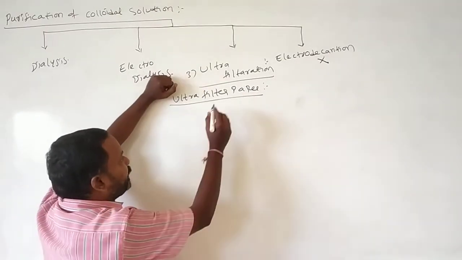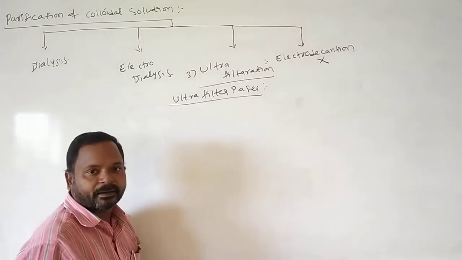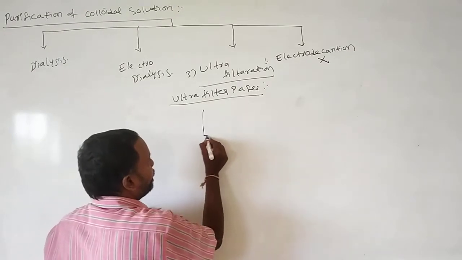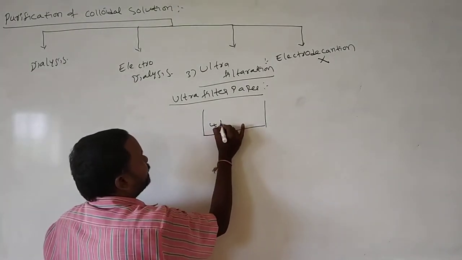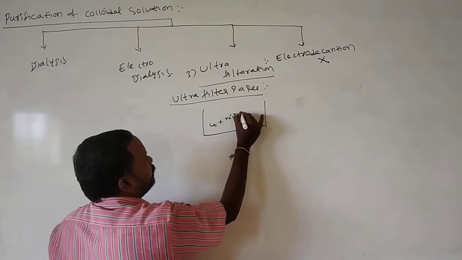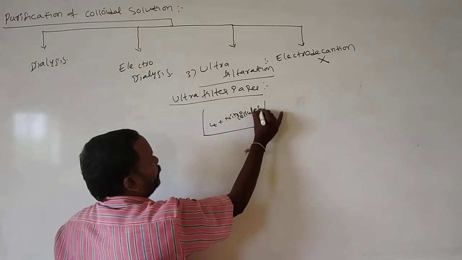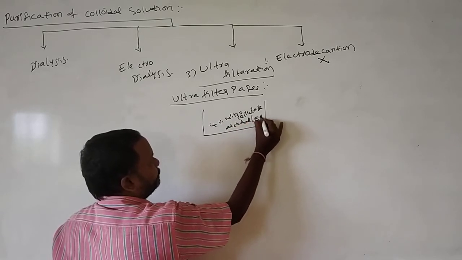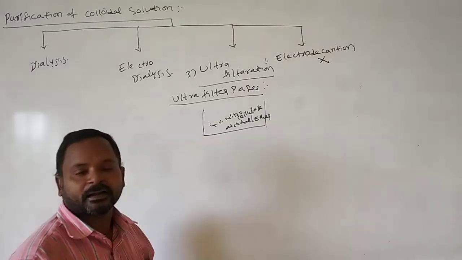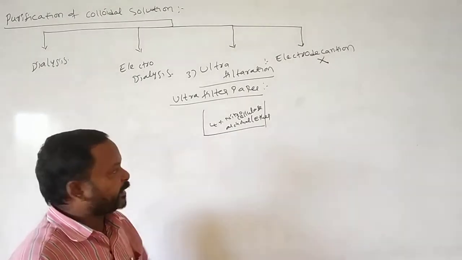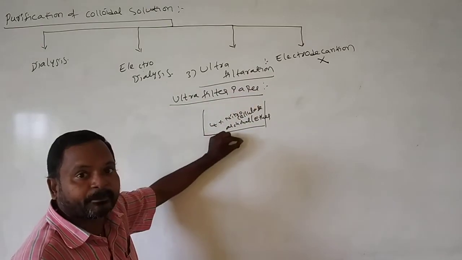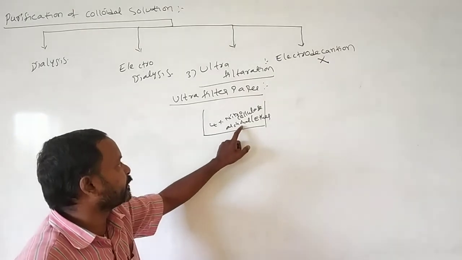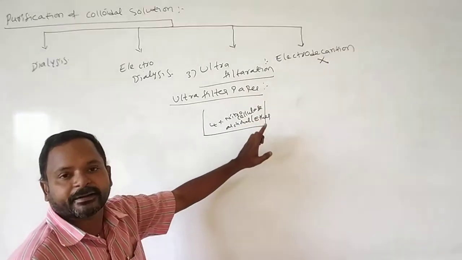First you take any paper, Whatman filter paper grade 1 or grade 2, or parchment membrane, and dip it in 4% nitrocellulose along with alcohol or ether.